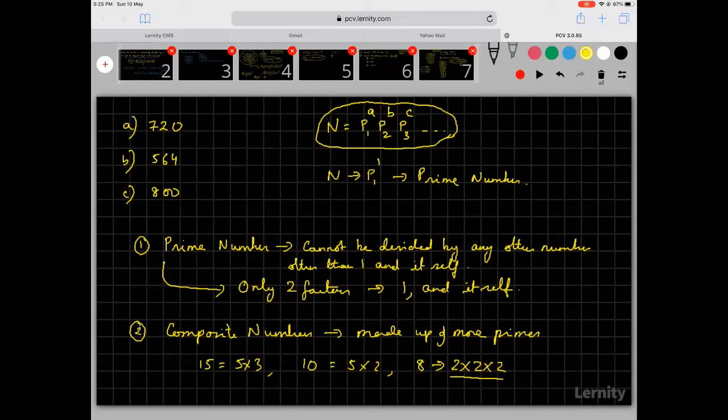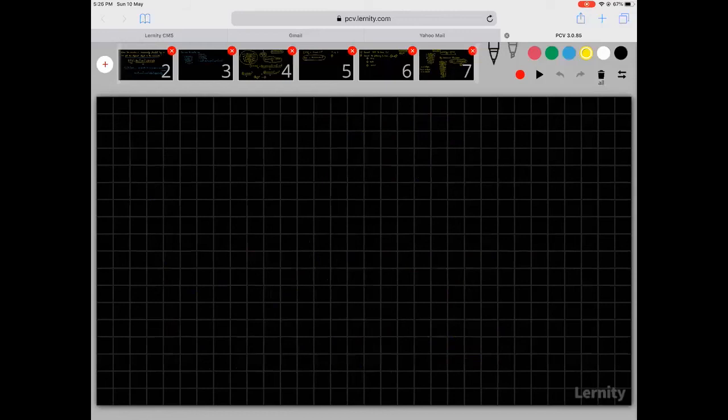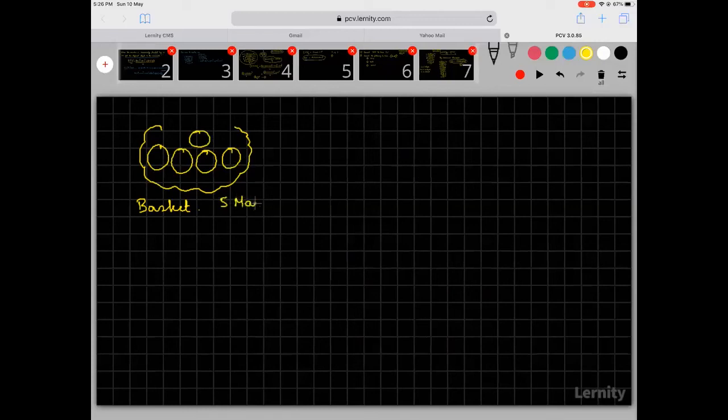Now if you have learned all these things, I want to ask you a question. And this is my question. I have a basket. This basket has 5 mangoes.